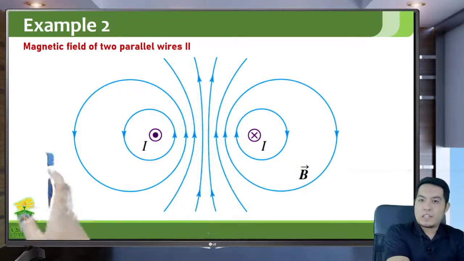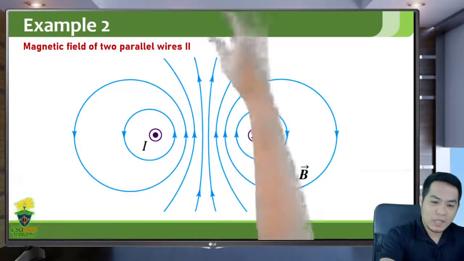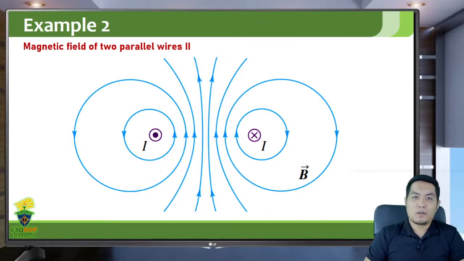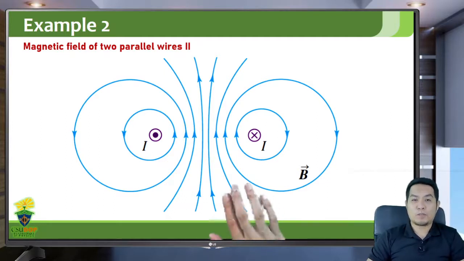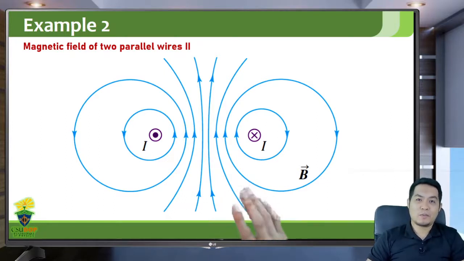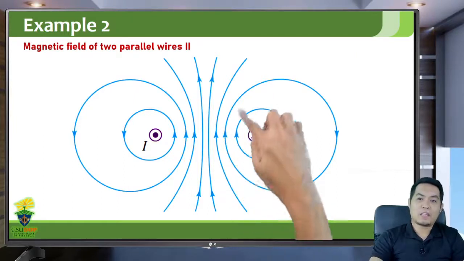So the magnetic field in the previous example is the magnetic field pattern of attraction between two wires. This is the magnetic field of repulsion between two wires. Take note, the force is attractive if the current is the same in two parallel wires.